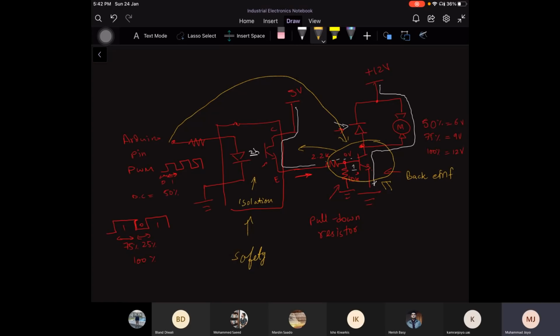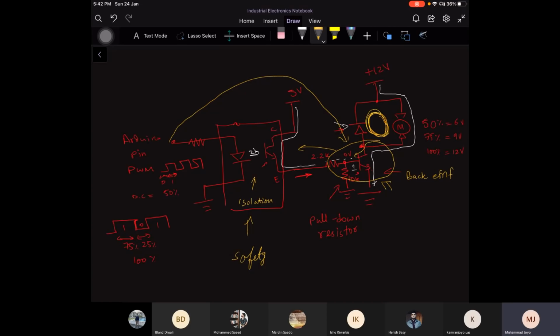I hope you understand the whole idea. One more thing: what happens to the back EMF over here? The back EMF generated by the motor goes into this loop and loses its energy in a certain time period, but it does not come back towards the transistor.